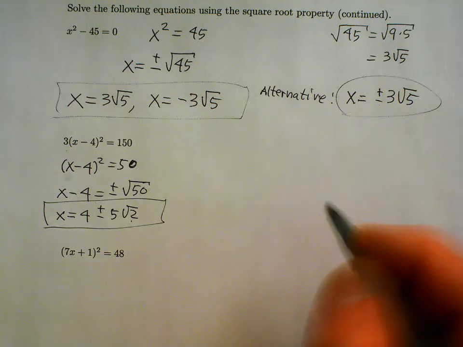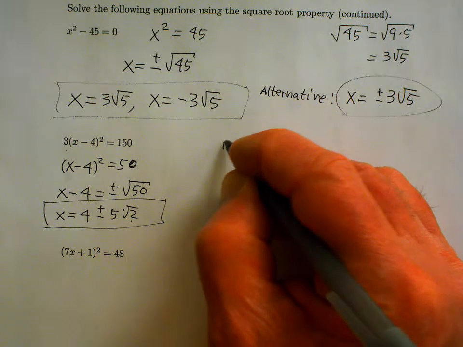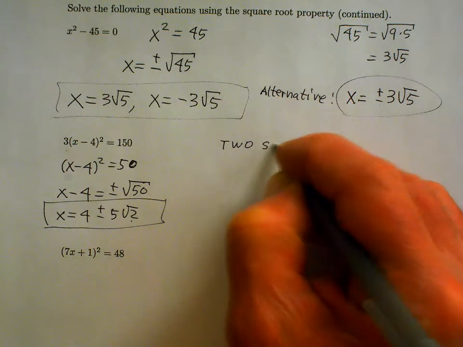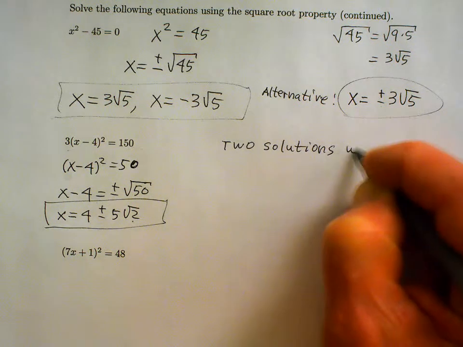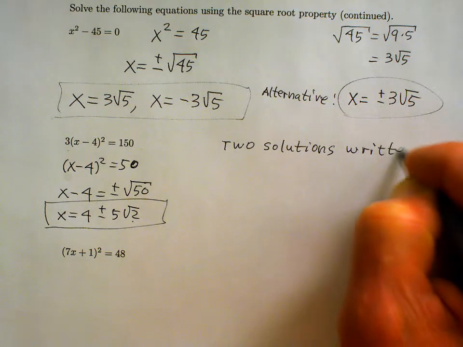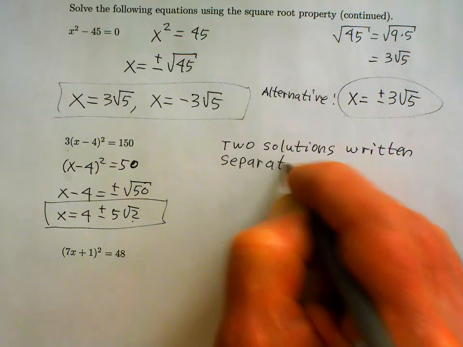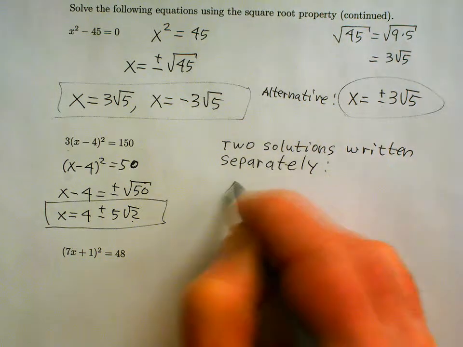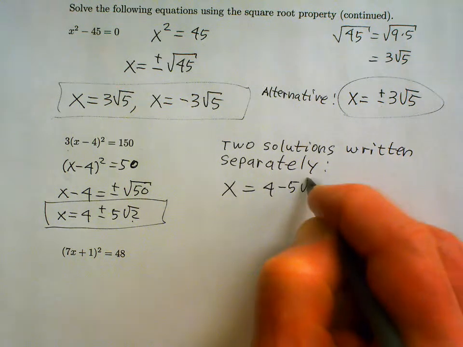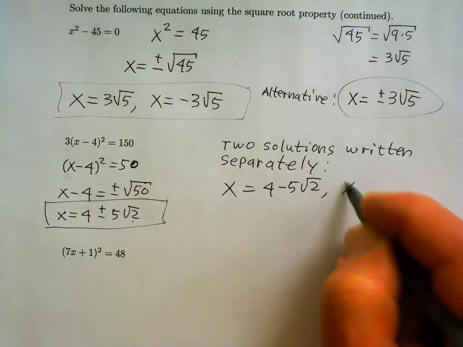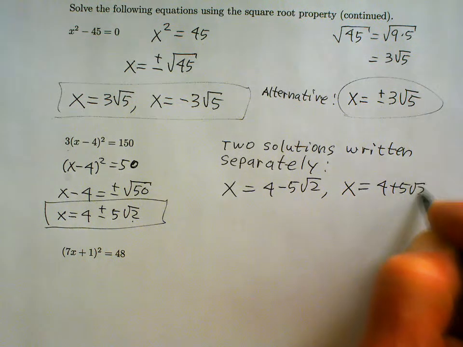You can write the two solutions separately. One is x equals 4 minus 5 times the square root of 2. The other one is x equals 4 plus 5 times the square root of 2.